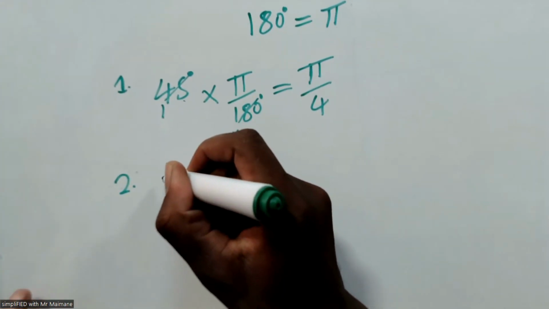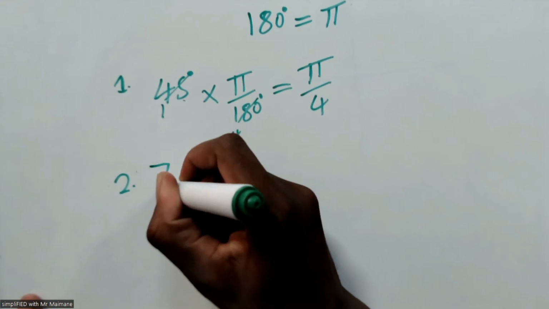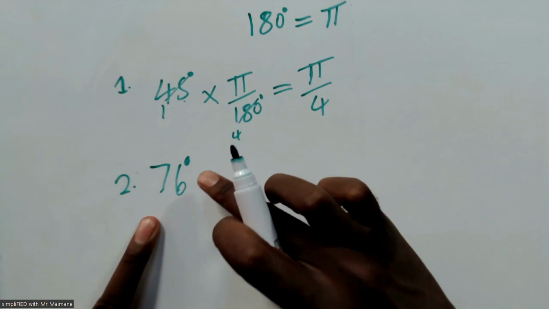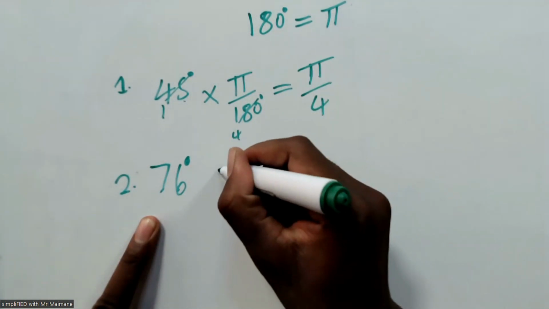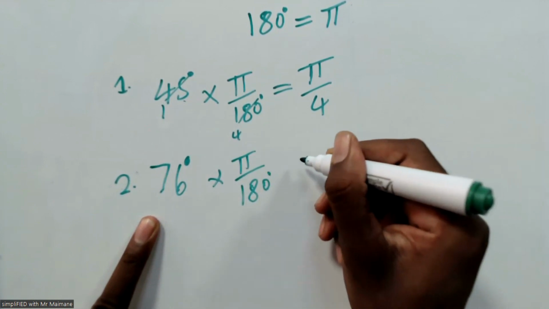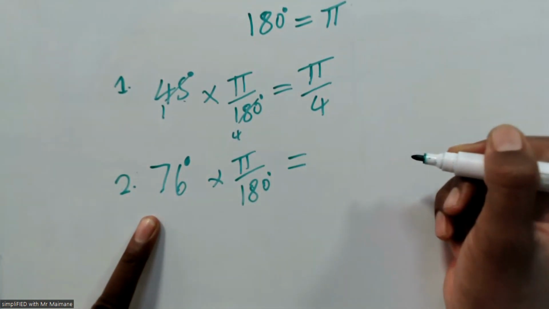Number 2, they want us to convert 76 degrees. Again, you multiply 76 degrees by pi over 180.